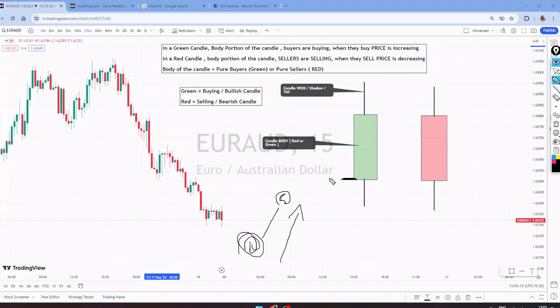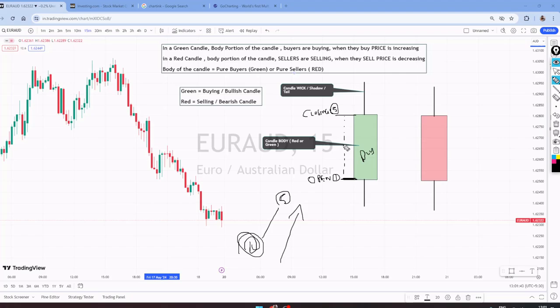So a green candle always starts here, opens here. Let's say 1 rupee it is opening, and buying, and closing here. Let's say 5 rupee it is closing. 1 rupee it is opening, 1 rupee it is starting. From 1 rupee, why is it increasing? Because people are buying, so the price is increasing to 5 rupees.